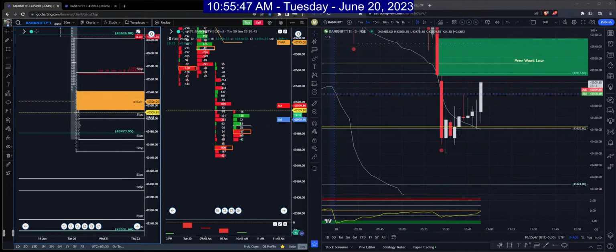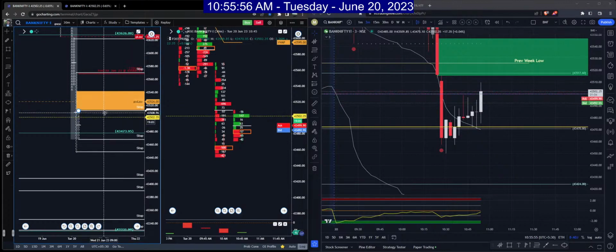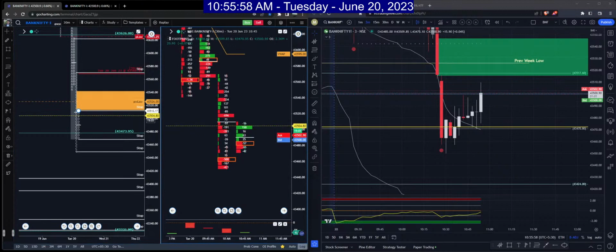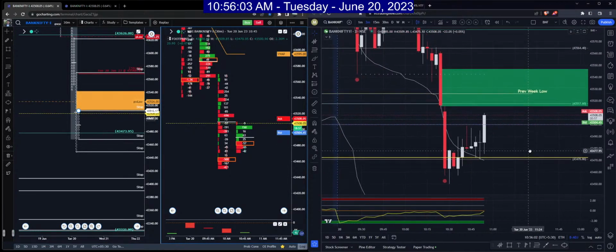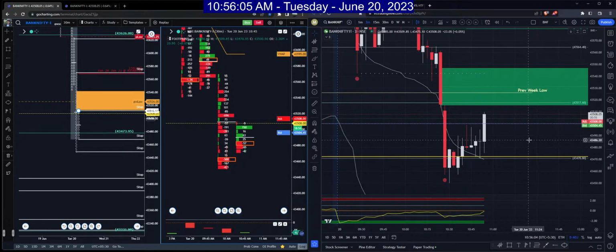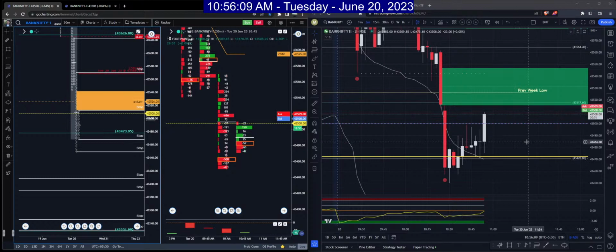Yep, 518 is coming. So this was a good trade. But yeah, that's fine. It only comes with practice and your conviction.